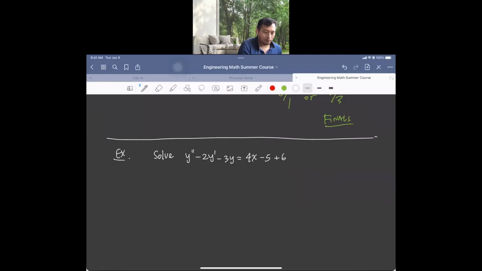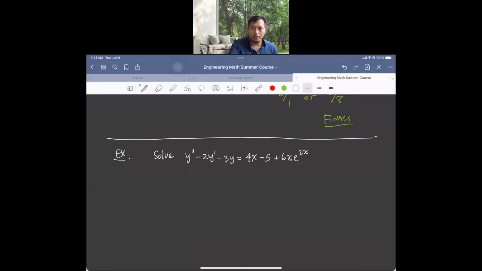Okay, now we have this. Of course, you need to remember we are now solving the non-homogeneous one, right? Then we need to find first, as the first step, the homogeneous solution. So find this homogeneous.